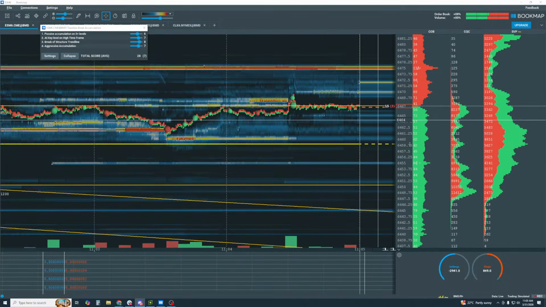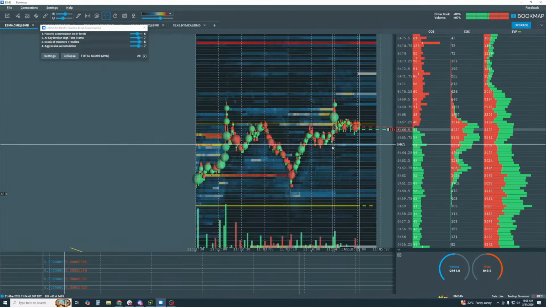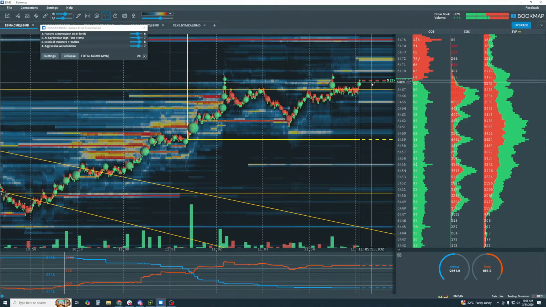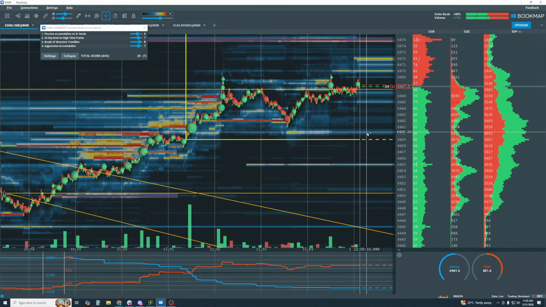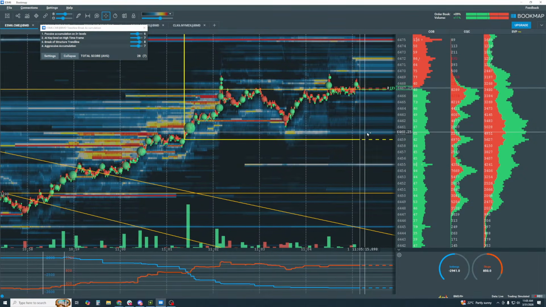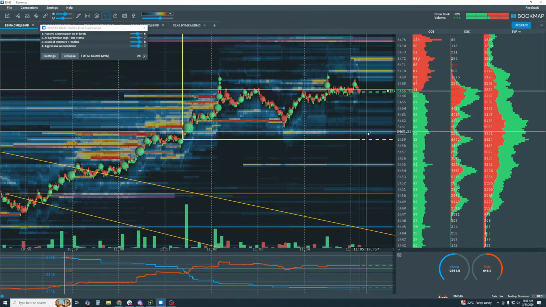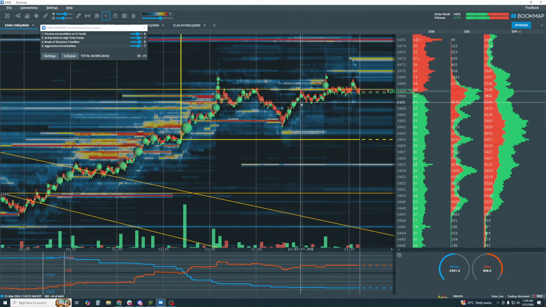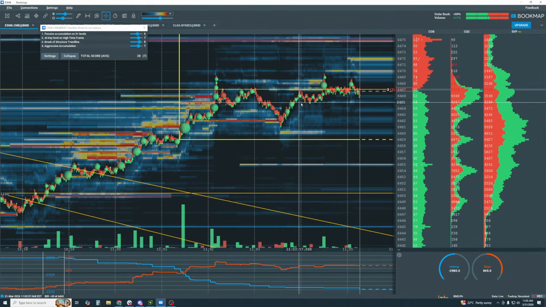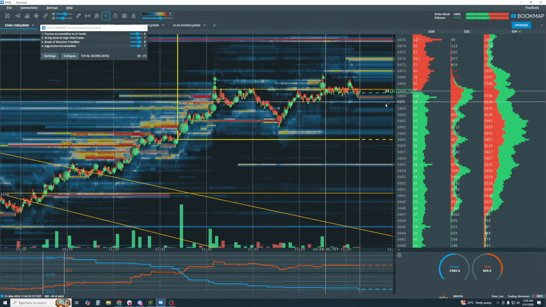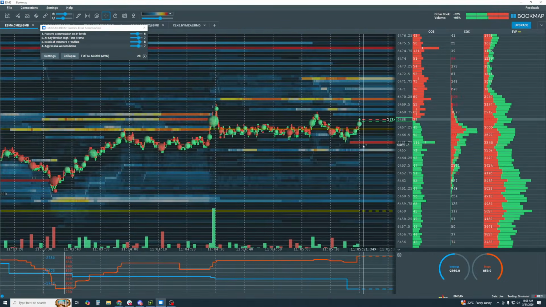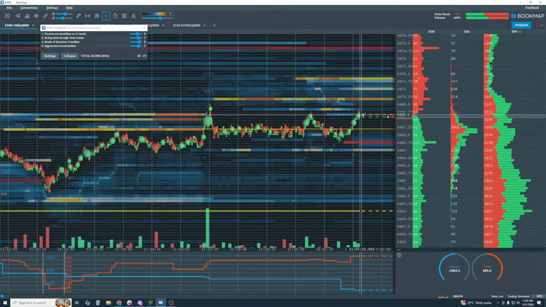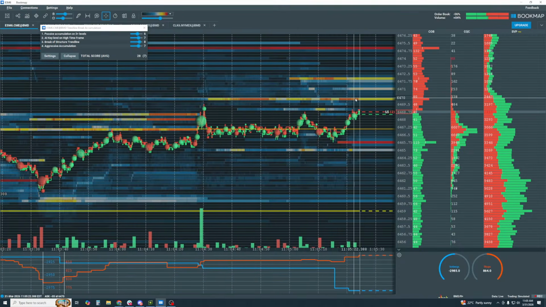Okay, let's see what that bid looks like underneath here, and let's see if we can get those buyers. Okay, there's our bid right there. There's our reaction. Now, I want to see these guys pull at 70.